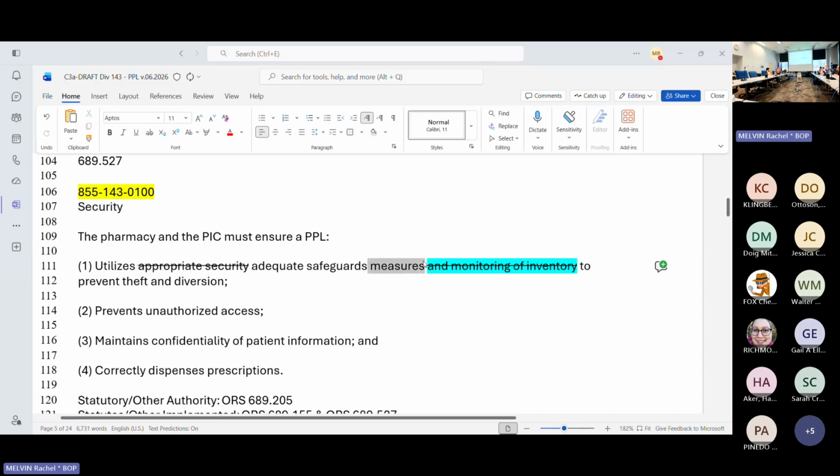Sounds good. Maybe we can go around with another proposal up there and start with Board Member Patel. Yeah, I agree. Adequate. So paren one would read utilizes adequate safeguards to prevent theft and diversion. Board Member Pinedo, yeah, I like it. Member Smith, I like the updated language.